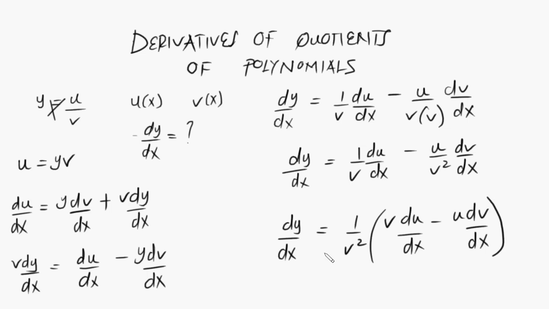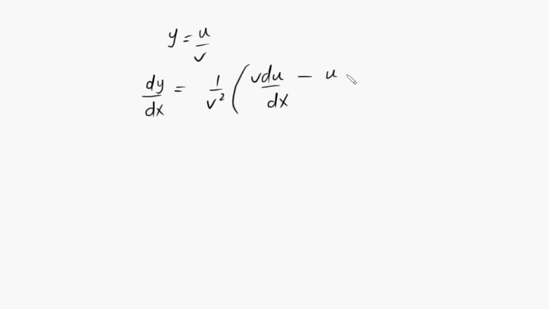So if I have a quotient of polynomials, y equals u over v, the derivative of y with respect to the independent variable x is 1 over v squared, this is v du/dx minus u dv/dx.